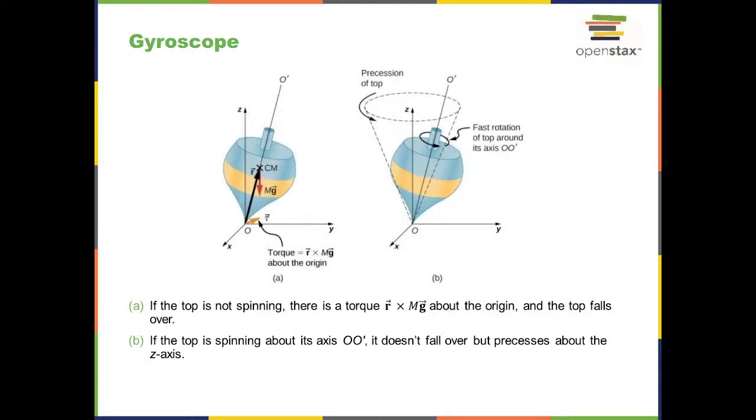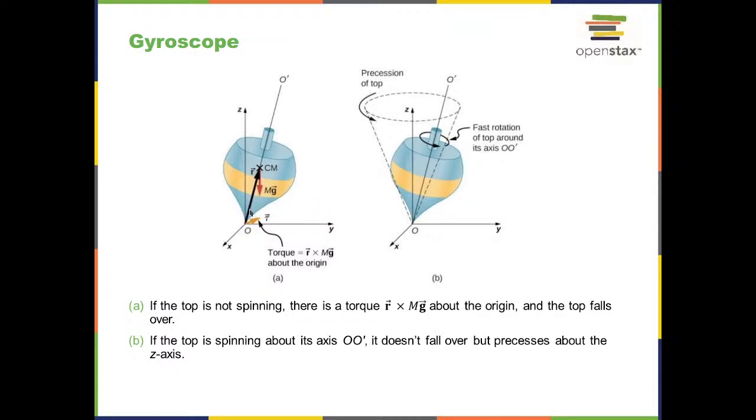So what this also is, is essentially a top, right? This is a top with a fixed point where it's standing on the ground, and there's an axis of rotation around which the top is rotating. Now what happens with the top is entirely defined by its rotation. If this top is not rotating and you put it down like this, there's going to be a force of gravity that applies at the center of mass. That force of gravity around this pivot point will, of course, cause a torque.